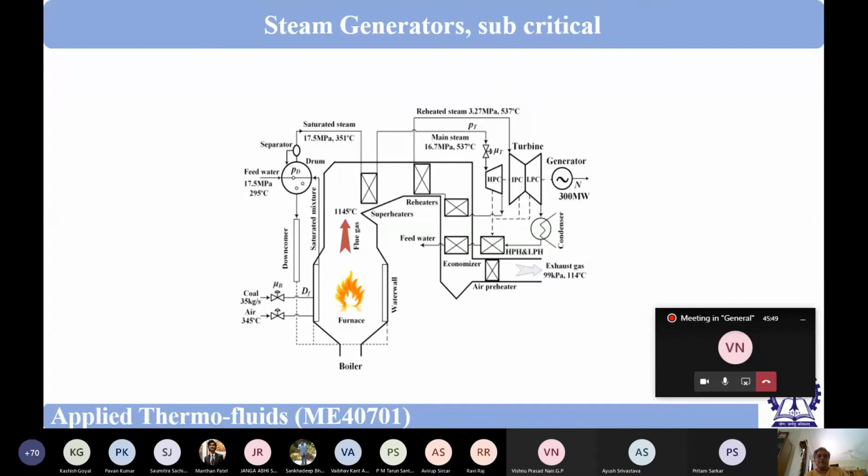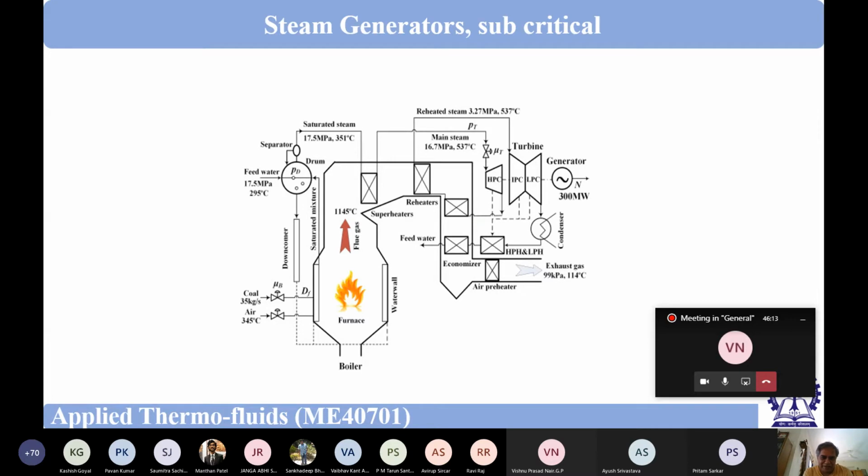So this is very common, most of the subcritical steam power plants will have this kind of boiler, all over the world. So we can say that most of the power generating boilers are of this type.